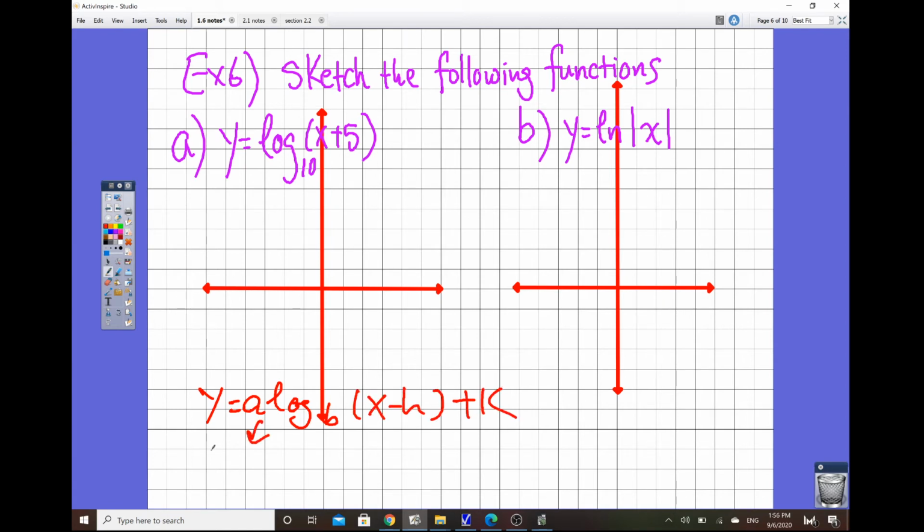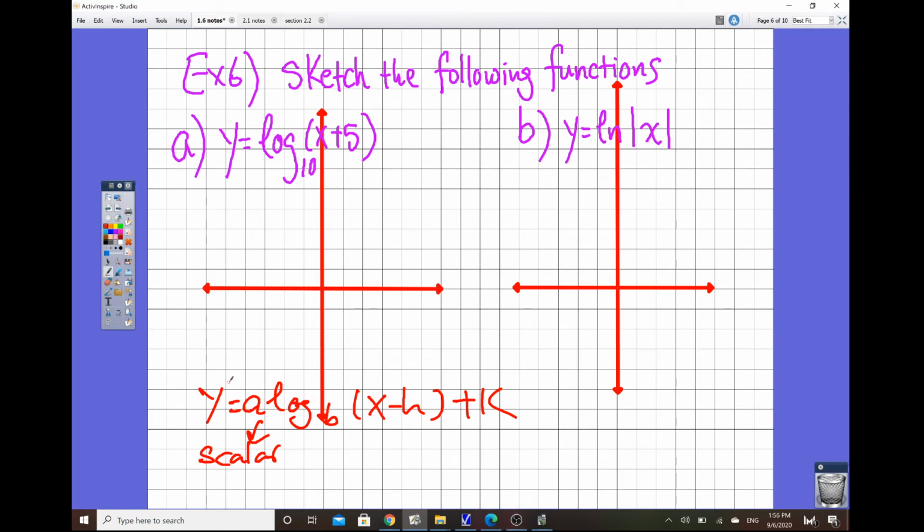Again, a is the scalar, which is either a vertical stretch or a horizontal stretch. If a is greater than 1, it's a vertical stretch. But if a is less than 1 and greater than 0, it's a horizontal stretch.